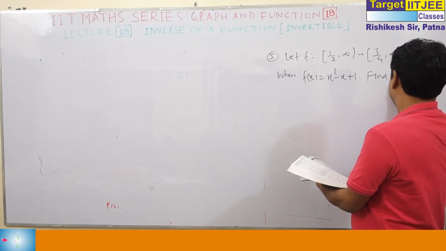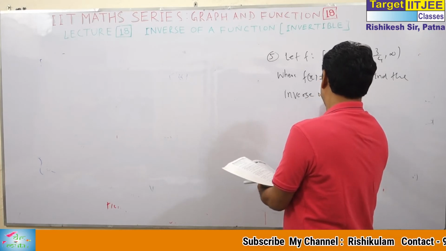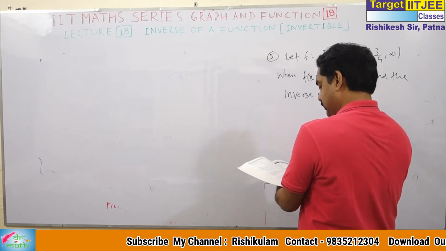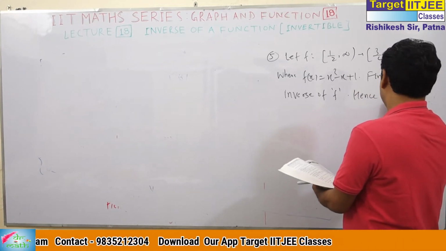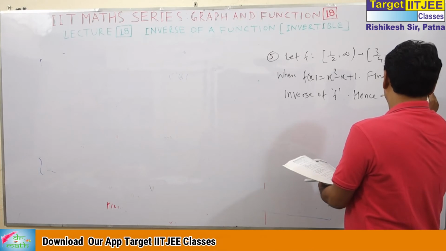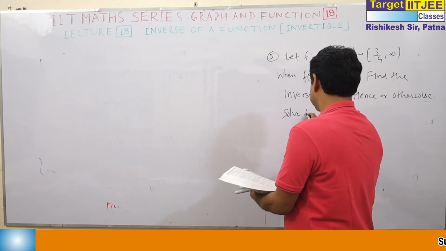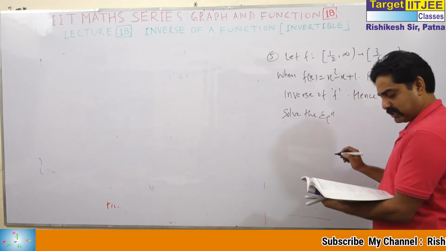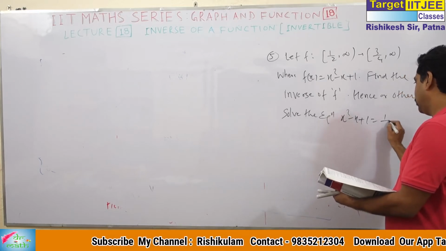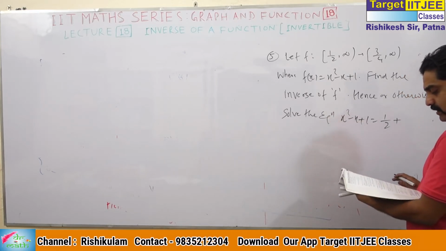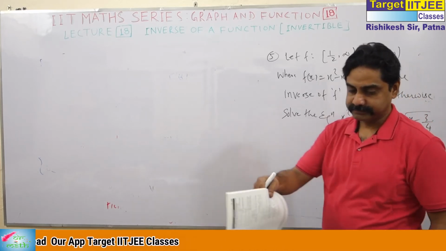Find the inverse of f and hence or otherwise solve the equation x^2 - x + 1 = 1/2 + sqrt(x - 3/4). Very important.